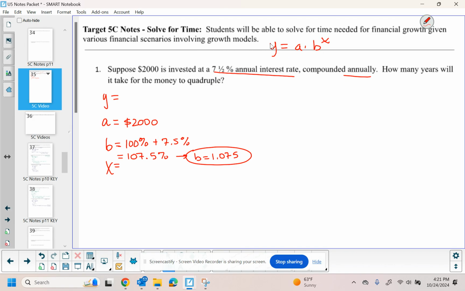And then how many years will it take for the money to quadruple? So that means I'm ending with $8,000. And I don't know what X is because I don't know how long it will take. But X is a number of years because it only happens once a year.